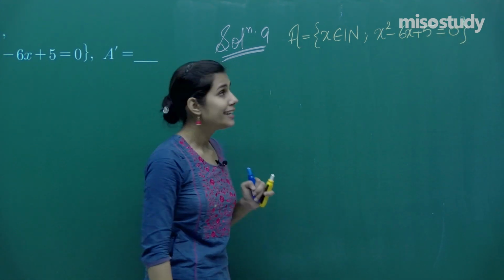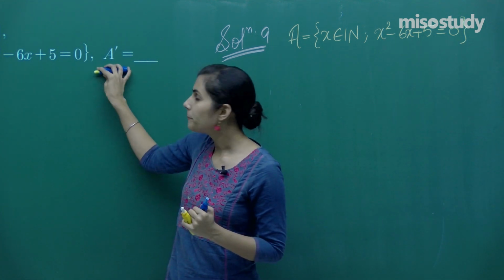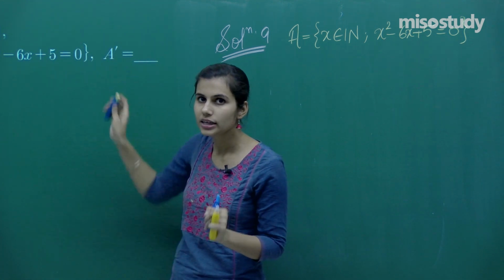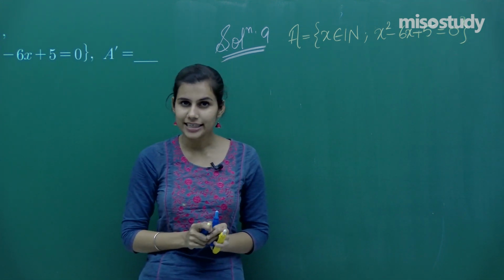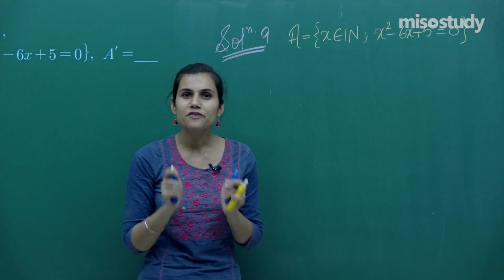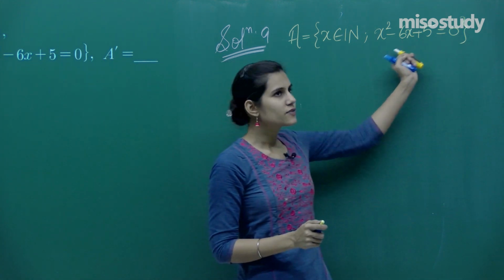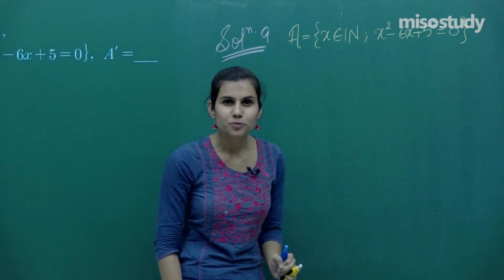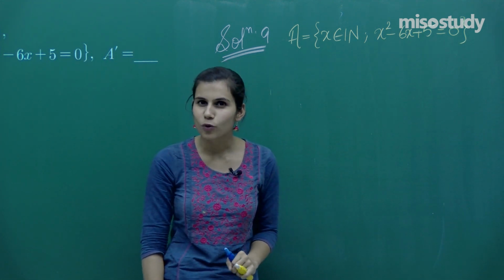So firstly, in order to decode and work with A and find its complement which is asked in the question, we should be aware as to what are the members sitting inside A. Can we find out those members? Basically, finding the members of A means all the x which are satisfying this equation, which means all the roots of this particular quadratic equation.